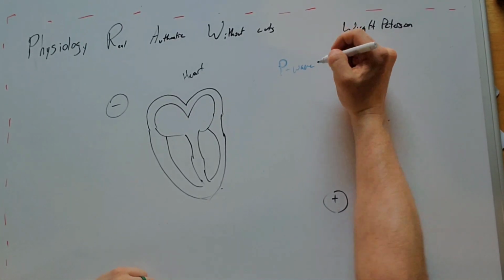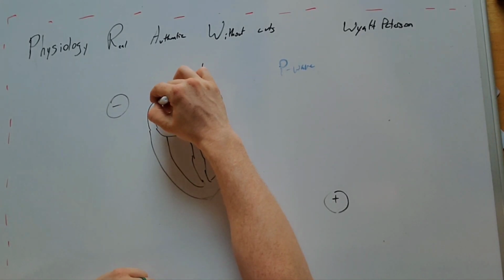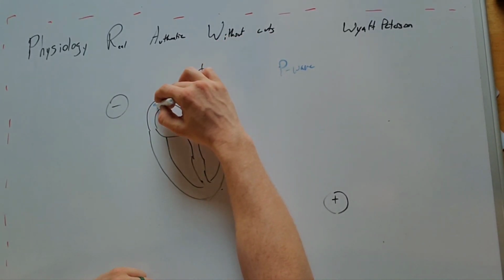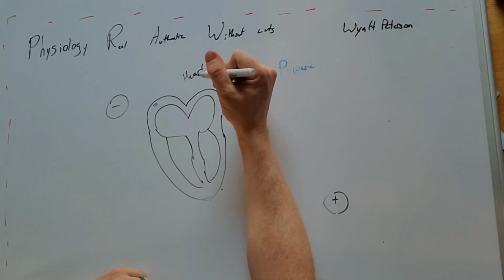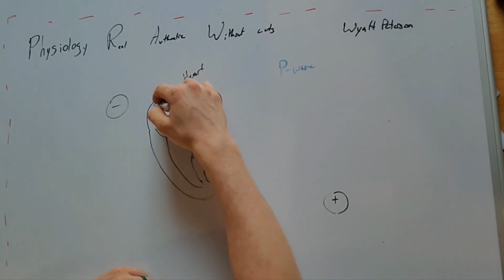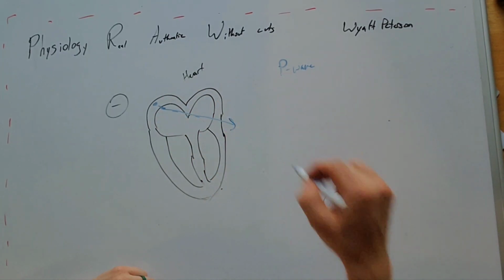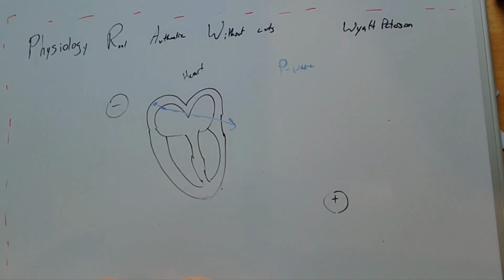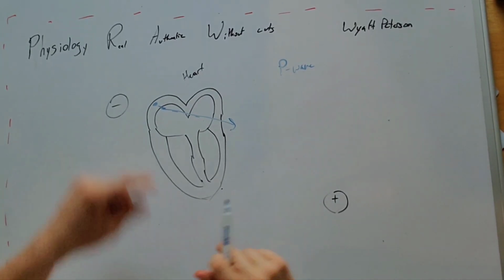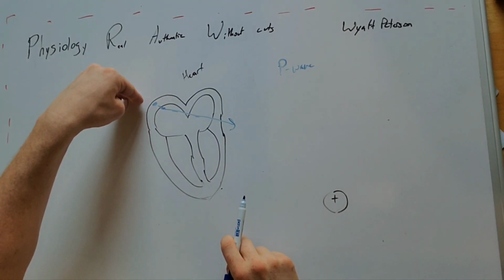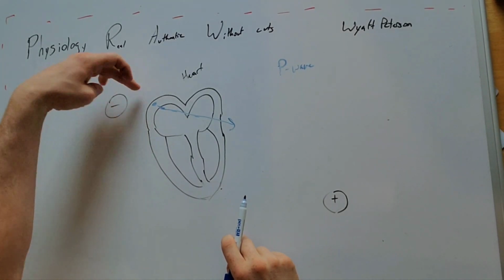So P waves start out because the SA node right here is going to send out action potentials. I might try to do this all on the same model, so we'll see if it works. Because it's starting a negative action potential, the outside of the cell is becoming more negative.